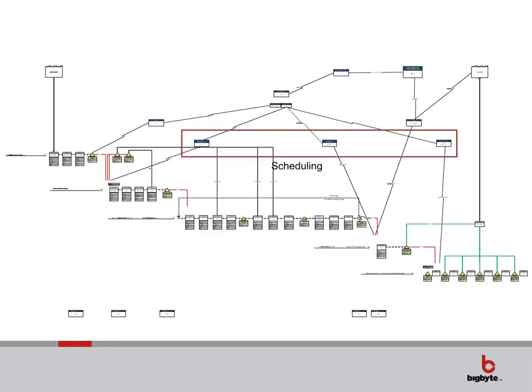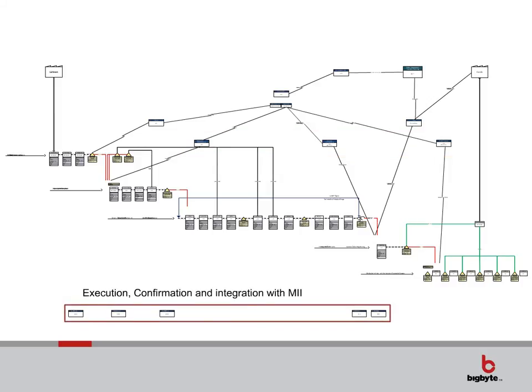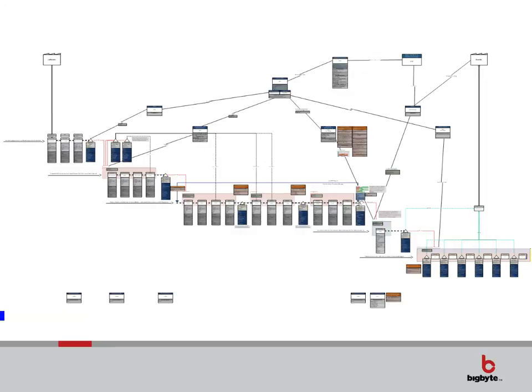There are boxes about scheduling and leveling and sequencing, capacity planning. And we can also maintain information about the actual execution, the confirmations to the production or process orders, and the integration with MII. So as we're doing this, we're adding SAP-specific and process-specific information onto the value stream.